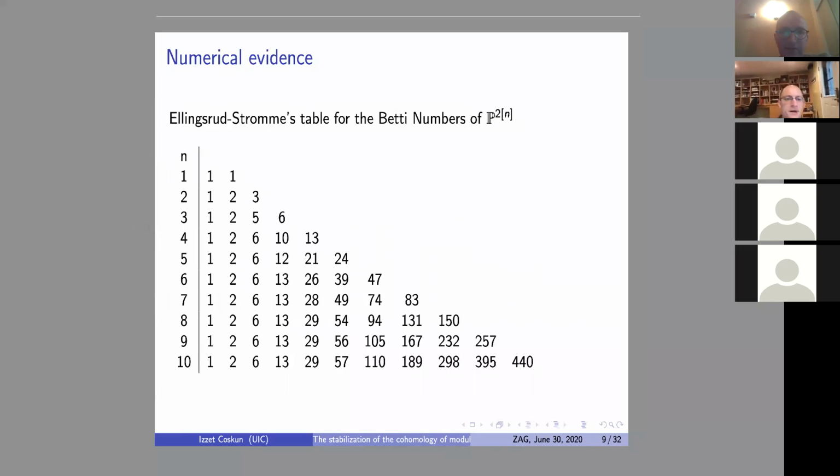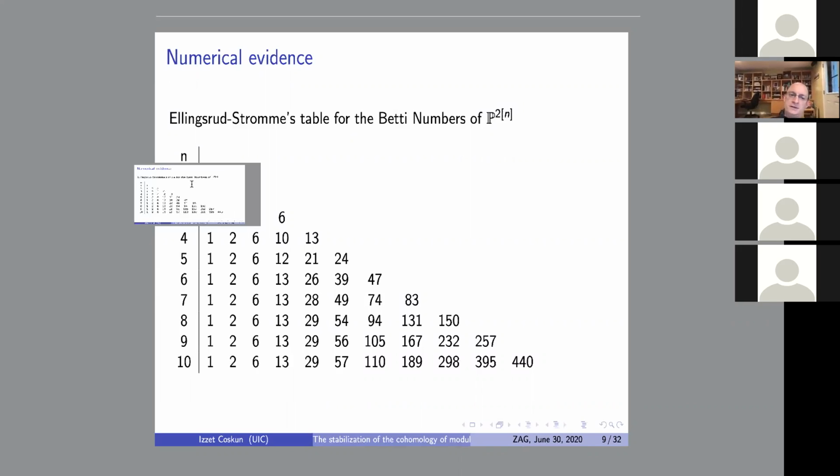Okay, that's better. Okay, so these are the Betti numbers, and only half of them are written because these are smooth, so it's symmetric. So for instance, P2 is 1, 1, 1, and so on and so forth. But you can see what happens. We said that in codimension 1, there are 2, right? So you see the 2 happening.